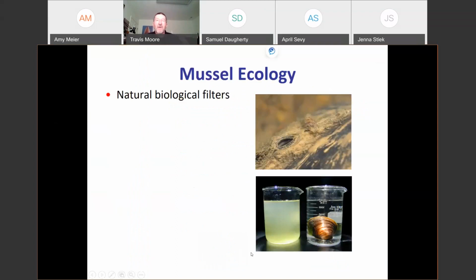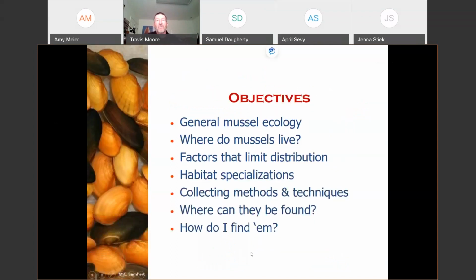Steve's going to talk a little bit about general mussel ecology, how freshwater mussels fit into our aquatic ecosystems, where they live, and what some of the factors are that affect their distribution and populations across Missouri. There are several of them that have adapted to be either habitat or host specialists, and those are some unique circumstances.